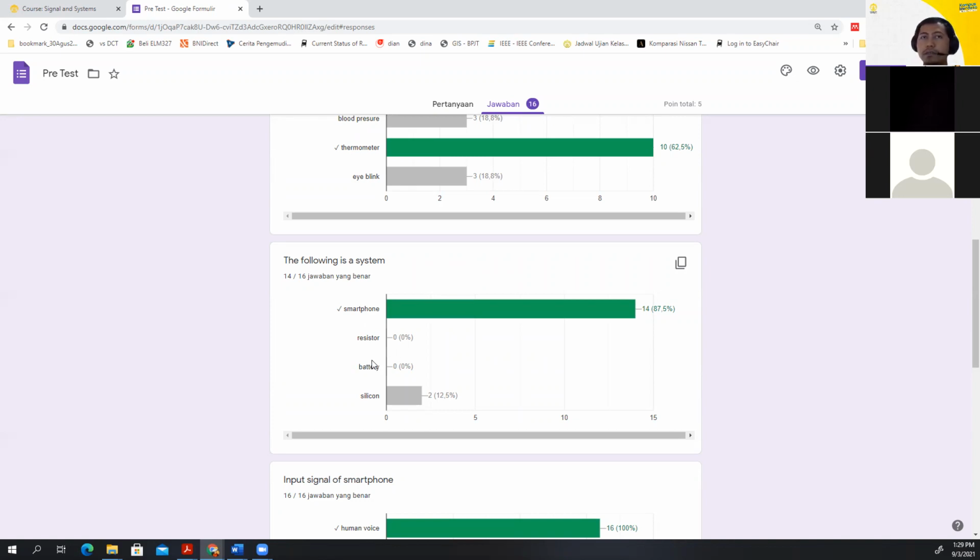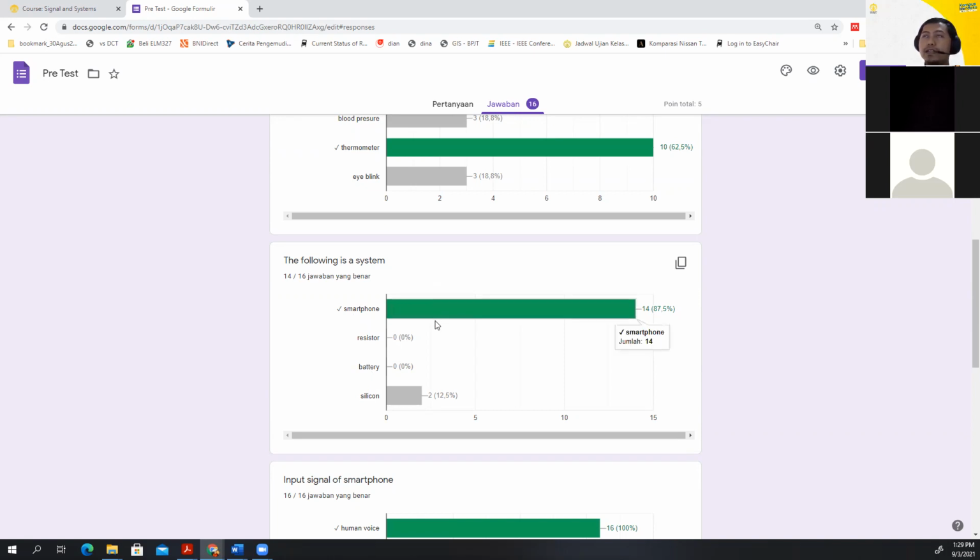Battery is also a device. Silicon is also a device. Why are the resistor, battery, and silicon not a system?